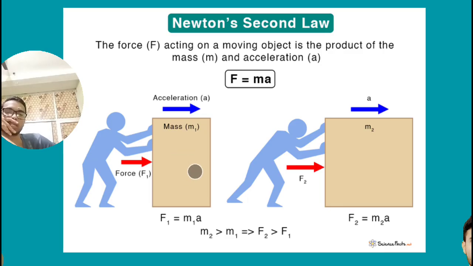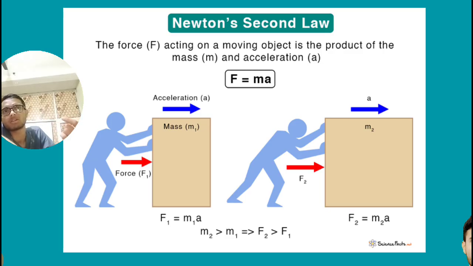If the mass of an object is less, then of course we will apply less force.